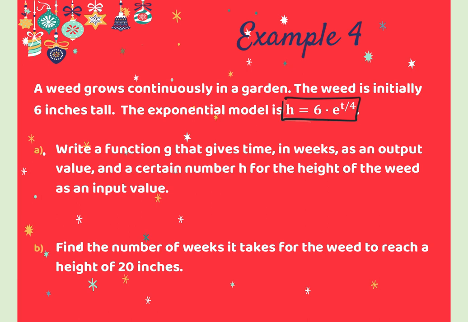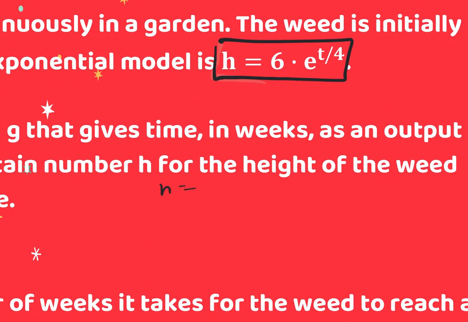So what do I have to do here? I have to solve for t. So I need h equals 6 times e to the t over 4. For step 1? Divide by 6. So h over 6 equals e to the t over 4.